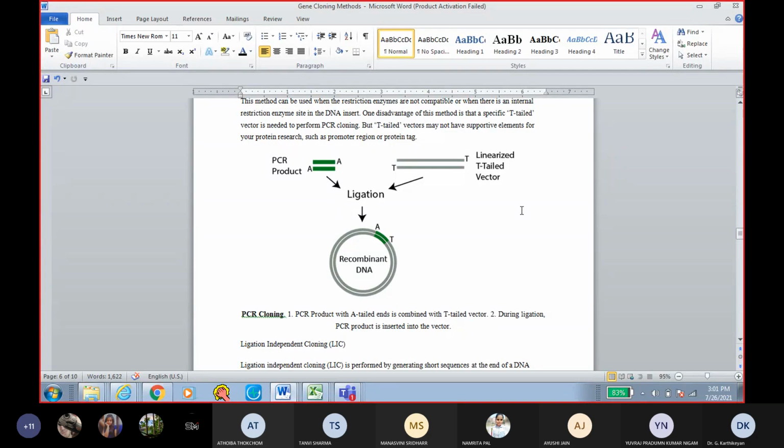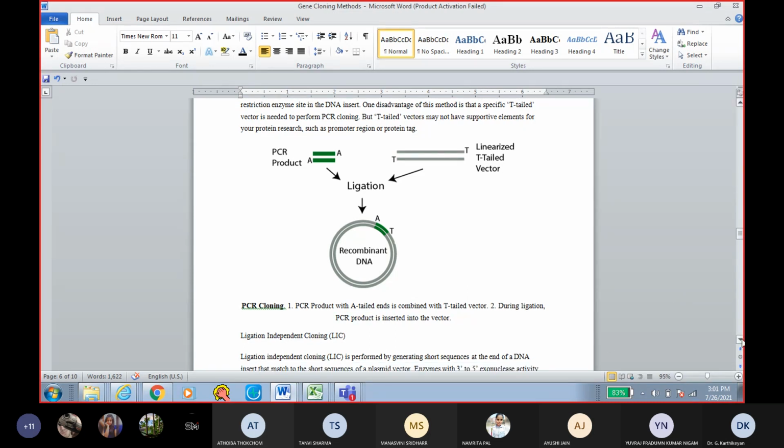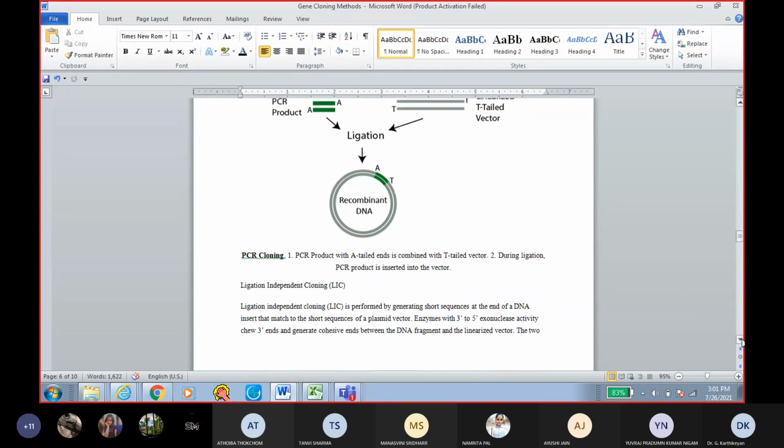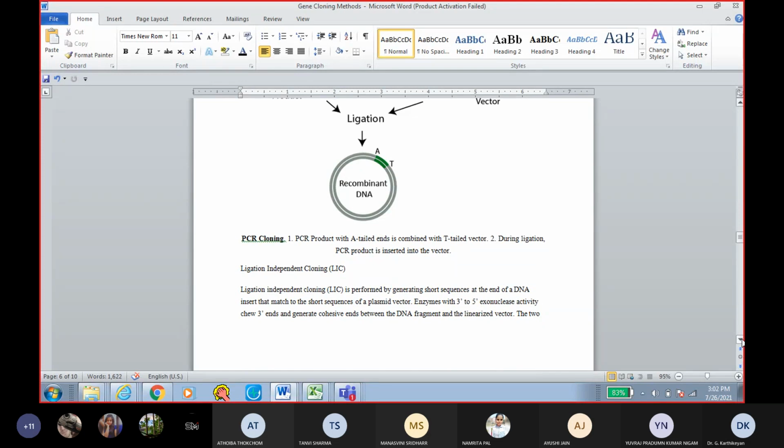You also have other methods called ligation independent cloning, which is typically performed by generating short sequences at the end of a DNA insert to match short sequences at the end of the plasmid vector. This typically involves the use of enzymes called nucleases.